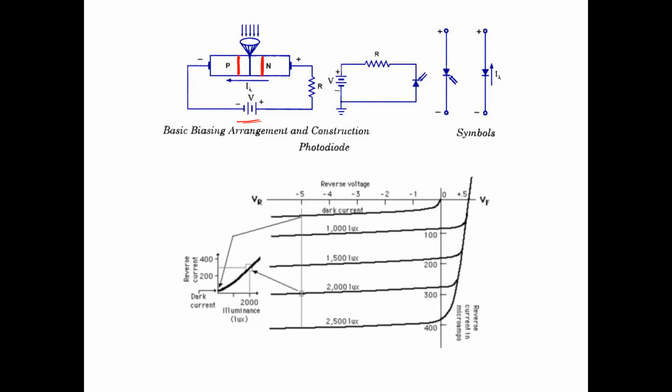Normally, even when there is no biasing voltage applied, the depletion region will still be present. Suppose this is the p-type material and this is the n-type material. In the p-type material, you know that holes are the majority carriers and electrons are the minority carriers.